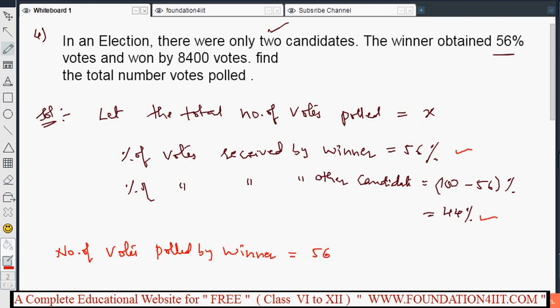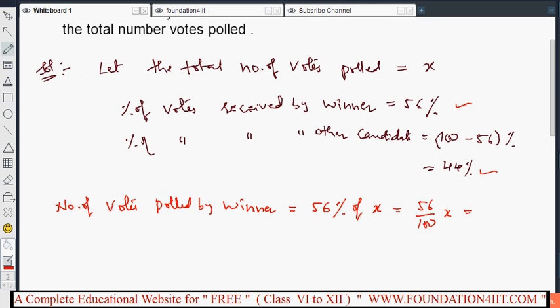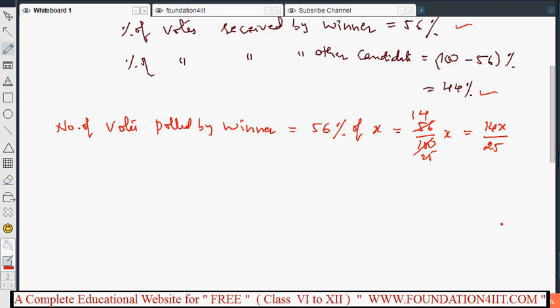So total is x, so 56% of x, that is 56 by 100 into x. If we simplify, 4 table, we can cancel, 25 and 14. So 14x by 25. This is the number of votes polled by the winner.